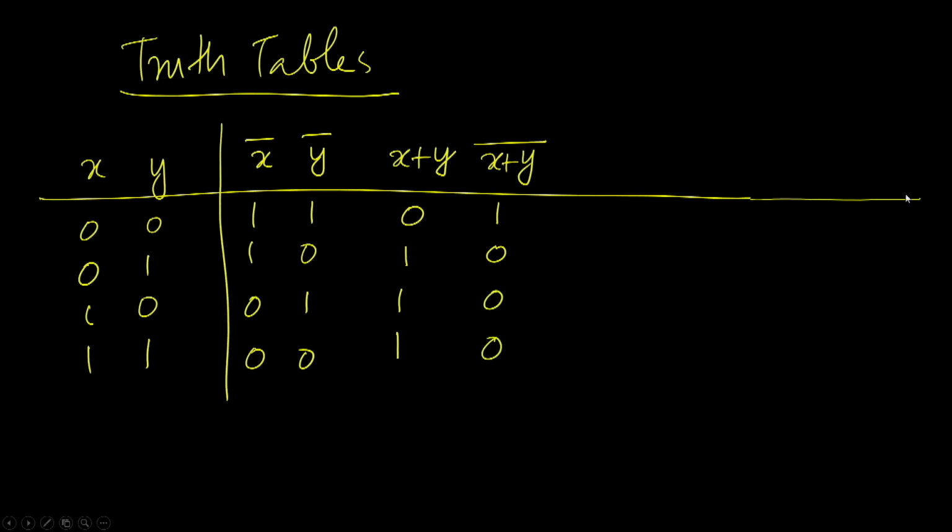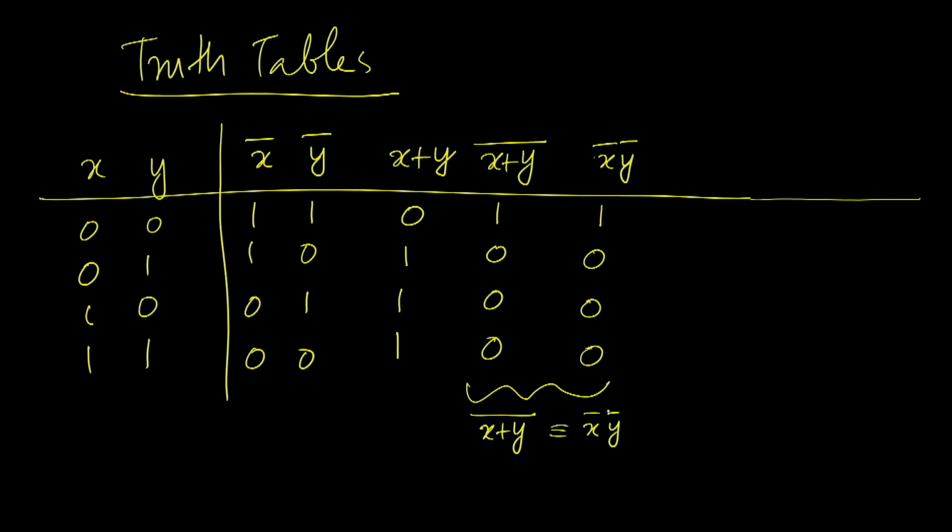Now De Morgan's law says that this is the same as the AND of x bar and y bar. 1 and 1 is 1, 1 and 0 is 0, 1 and 0 is 0 and 0 and 0 is 0. So you find that these two columns correspond exactly to each other. Therefore, we have x or y the whole bar is equivalent to x bar y bar.